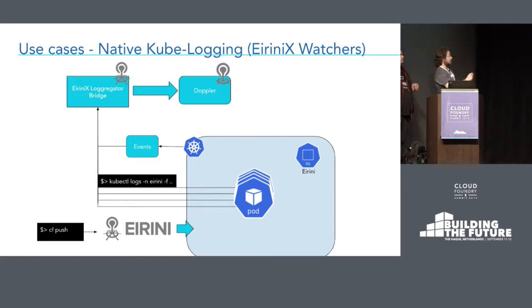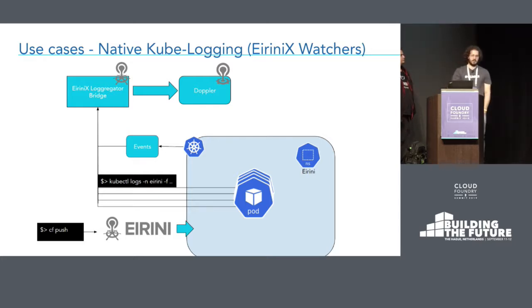Here, we changed the approach, and we are using more Kubernetes native API for doing this. The logaggregator bridge is an Eirini X component, but instead of being a mutating webhook, it's not sitting behind your CF push and your application being pushed in the namespace. It's actually implementing a Kubernetes watcher.